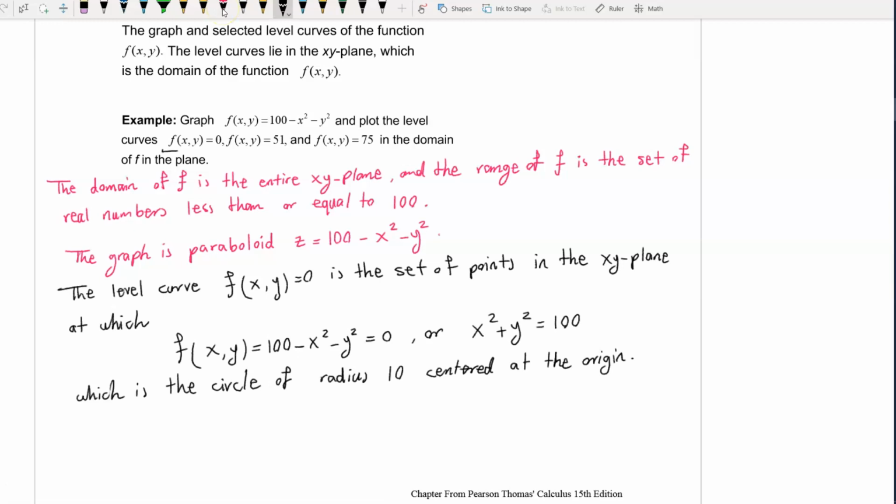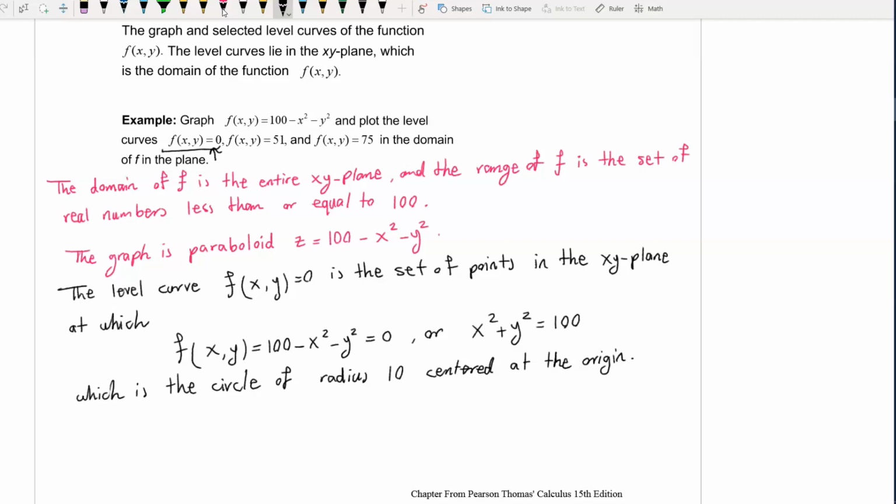So based on what we have here, the level curve f of x, y equal to 0 is the set of points in the xy plane at which f of x, y equal to 100 minus x squared minus y squared. So this one is equal to 0, based on what we had here.